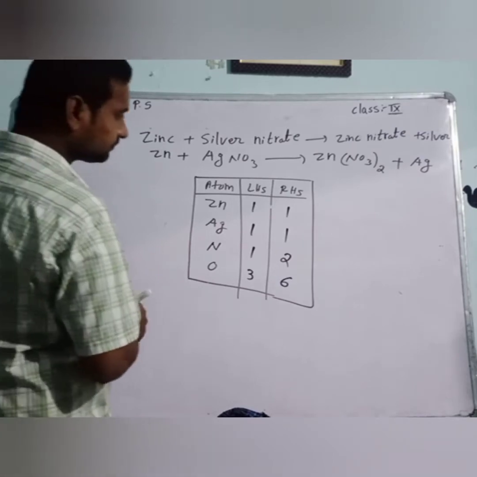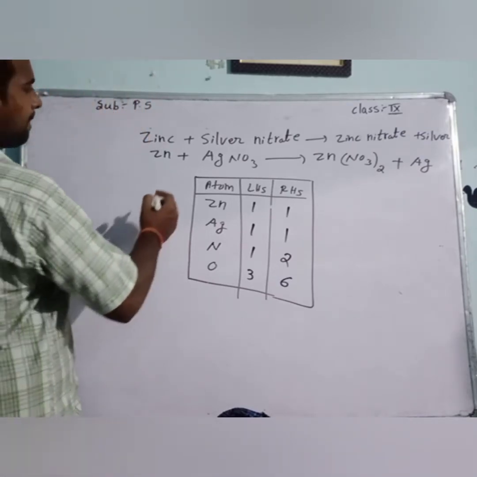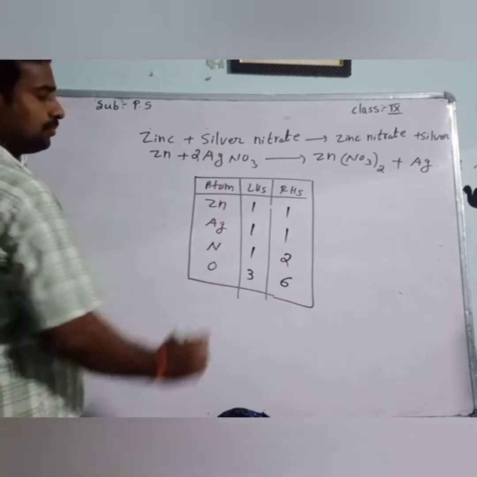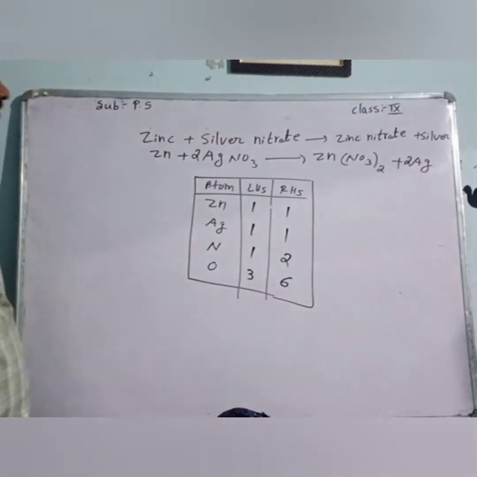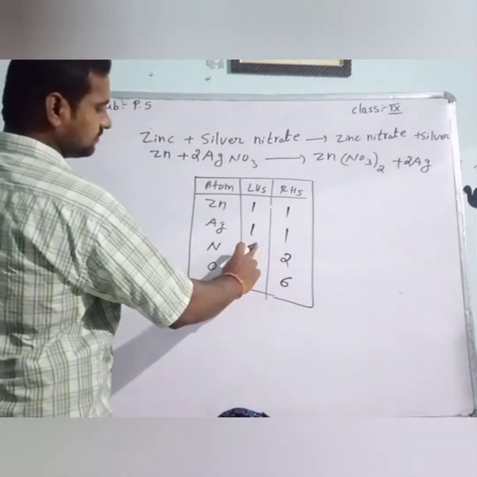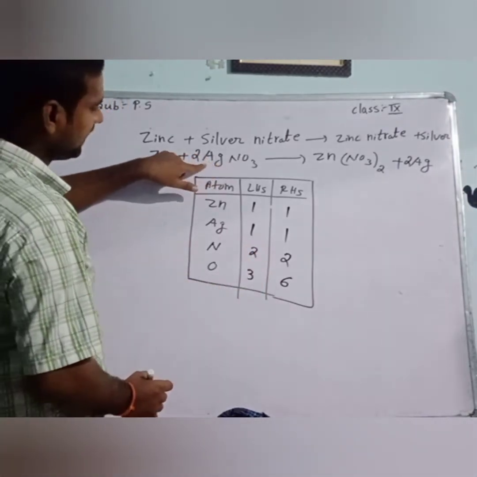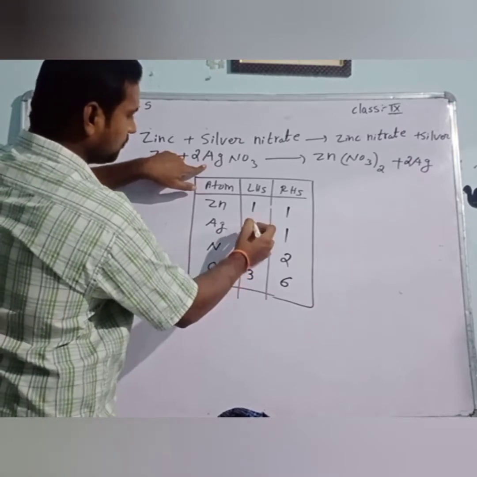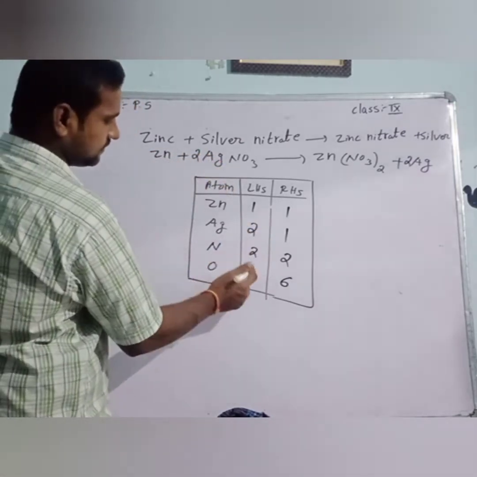Okay. Now simply take 2 here, and here the coefficient also 2. That means here 2 nitrogen atoms in LHS. Okay, silver atoms also 2. And oxygen atoms 2 into 3, 6.